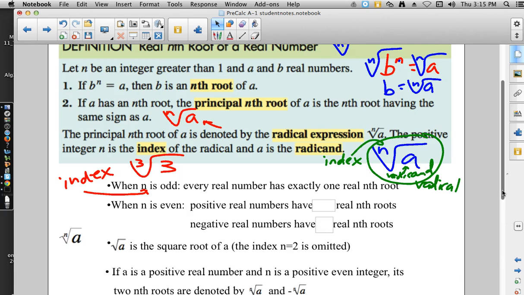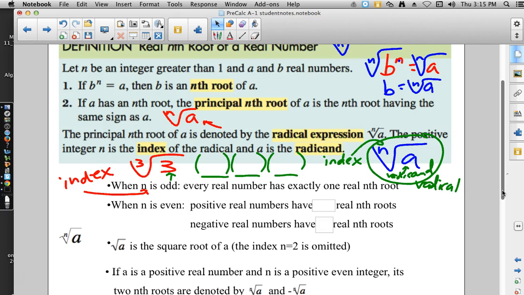So if that index is odd, let's say that we have a cubed root of some number, we're saying that there has to be some number that if I put it in these parentheses, that exact same number each time has to give me the radicand. And so if they're having us evaluate a number that's negative, well, for cubed root, your answer will have to be negative. If they have us evaluate for a radicand that's positive, then we'll have to get a positive answer. So there's only one real nth root.